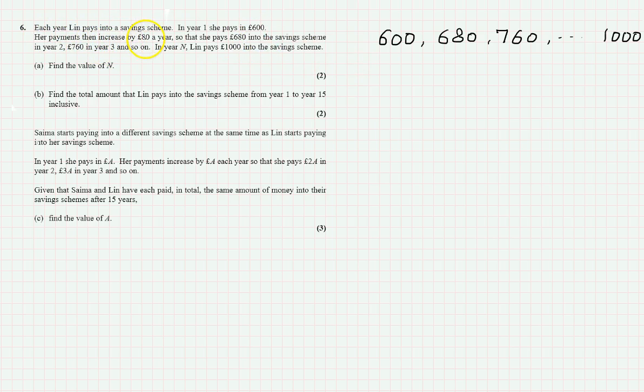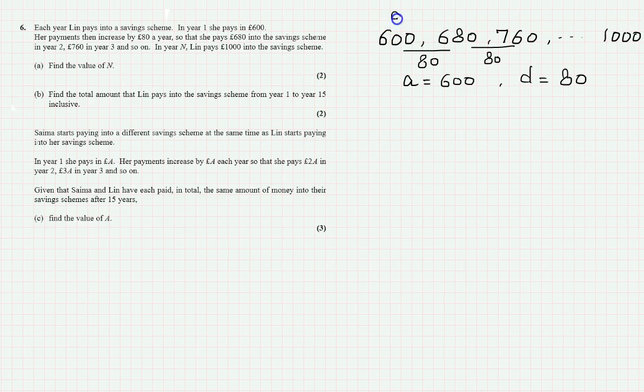It is increasing by 80, so we know it's an arithmetic sequence, and the difference is 80, 80, and so on. So a is the first term, 600. d is the common difference, that is 80.